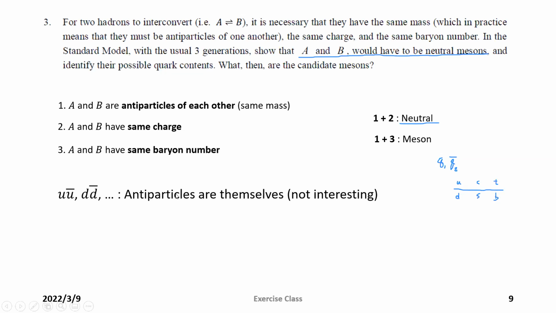But in this case, the antiparticles will be the same particles. That means that particle A and B will be the same particles. So it's not interesting to discuss this case.